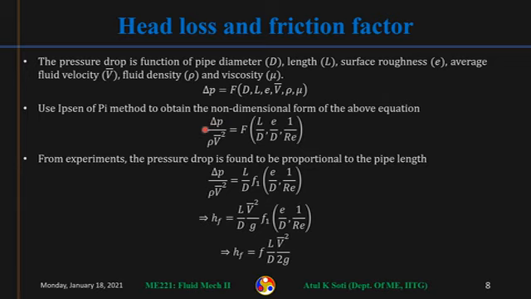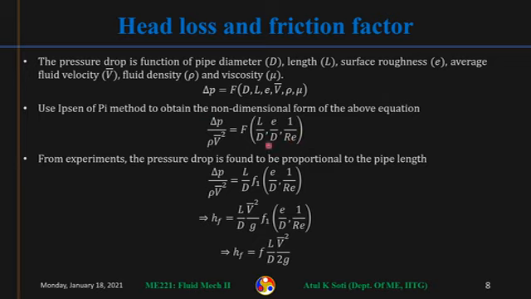This is the non-dimensional pressure drop that is occurring across the pipe, where V average is the average flow velocity inside the pipe, which we find will be a function of the non-dimensional length of the pipe, the non-dimensional surface roughness of the pipe, and the Reynolds number.